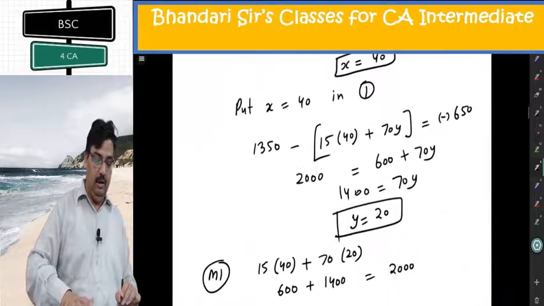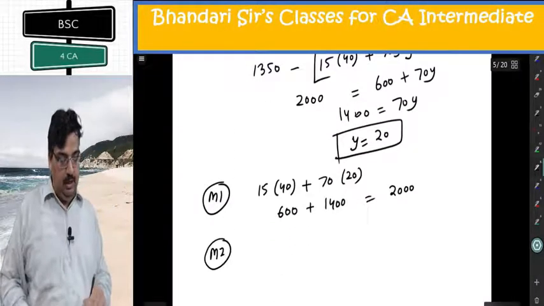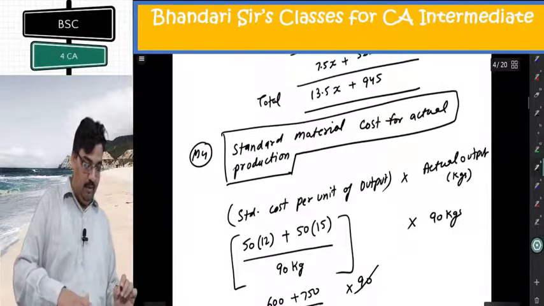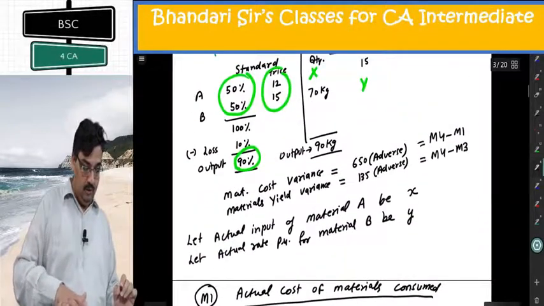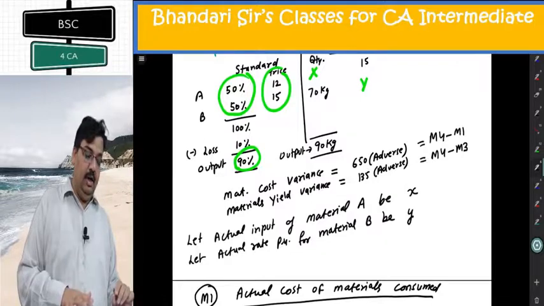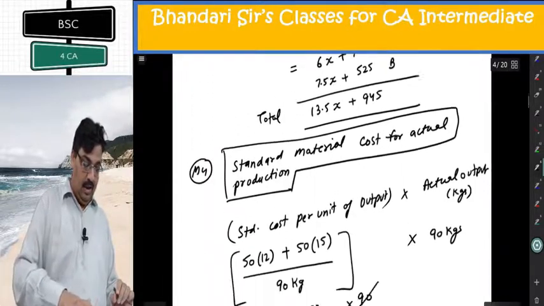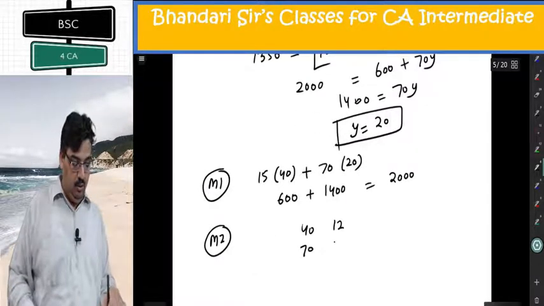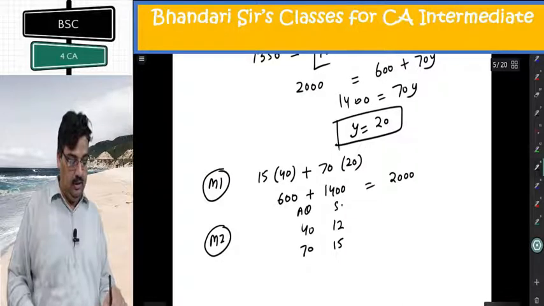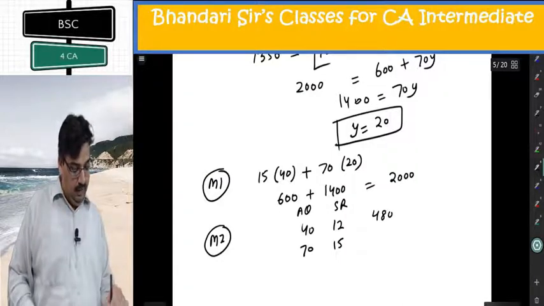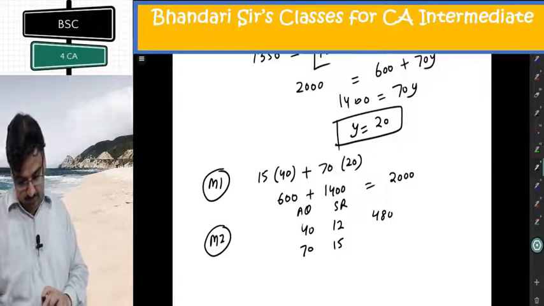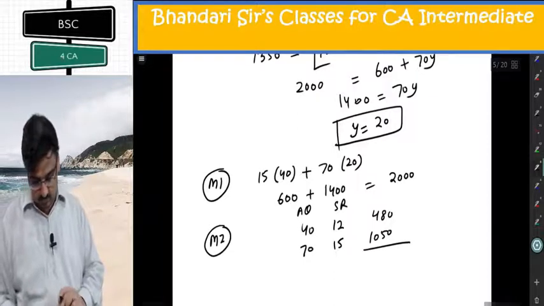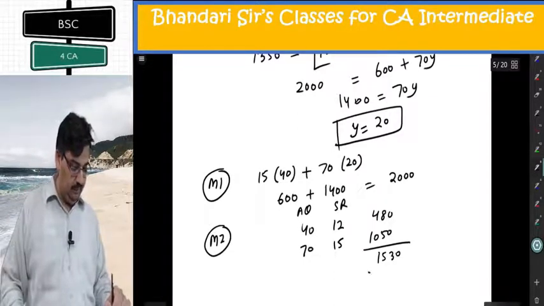15x plus 70y, this is done. M2 we did not compute earlier. Now we have everything, x and y we have computed. X into 12 and 15. X and 70: 40, 70, 12, 15. This is actual quantity, this is standard rate. 480, 1050. This is 1530, M2.